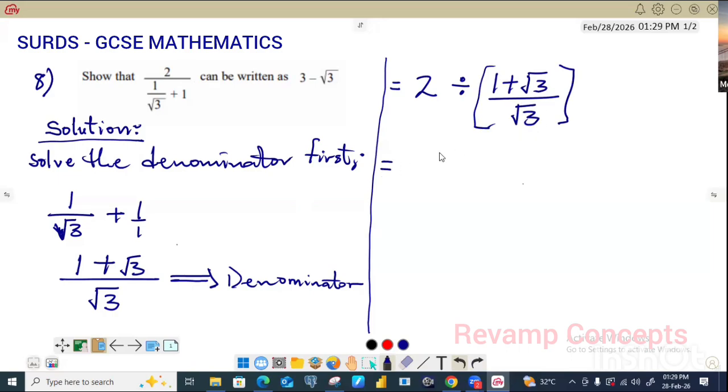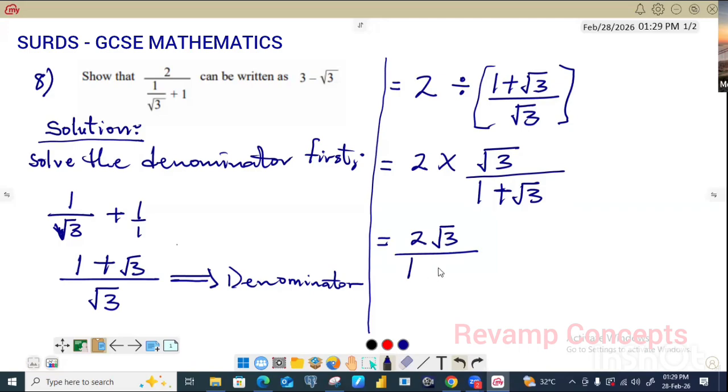And from here, we can have 2 multiplied by root 3 over 1 plus root 3. That is, when we are changing the division sign to multiplication, we need to invert the second term of that equation. This will give us 2 multiplied by root 3, which is 2 root 3, over 1 plus root 3.